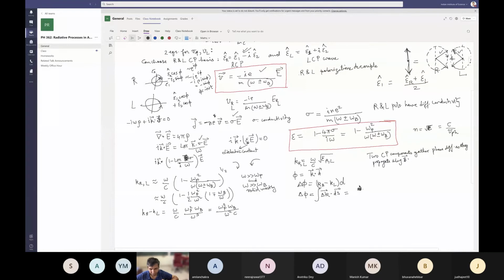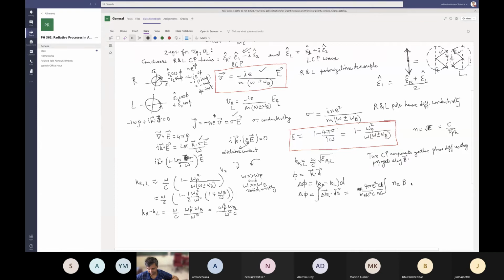So this is equal to 1 by omega squared c times the integral of 4 pi n e squared by m e, that's omega p squared, and omega b is e B naught by m c.